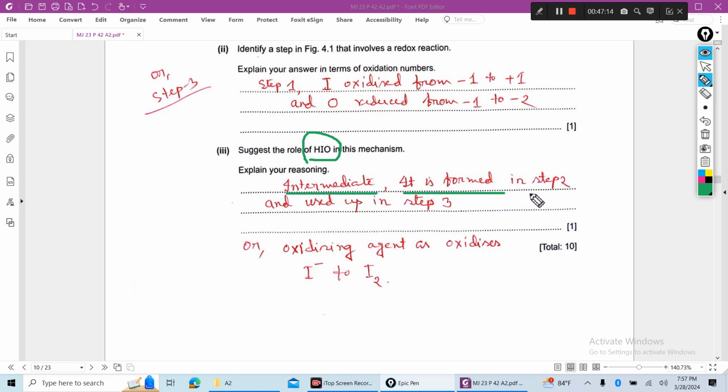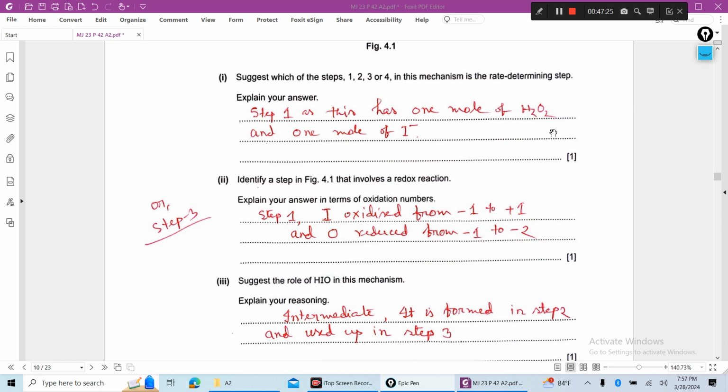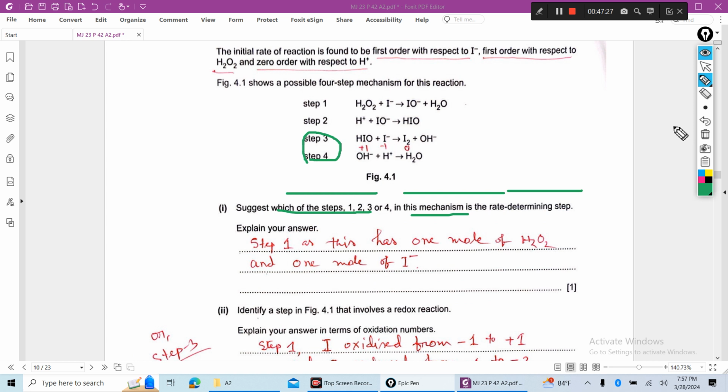It is produced in step 2 and again used up in step 3. So it is formed as an intermediate. You see in step 2 HIO is produced and in step 3 HIO is again used up. That means the role of HIO is as an intermediate.